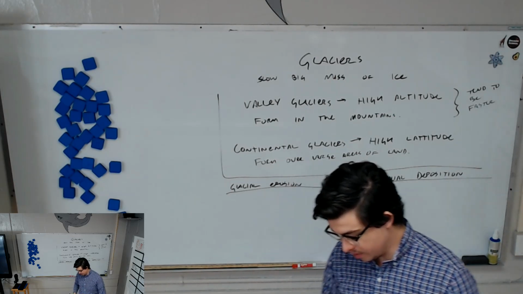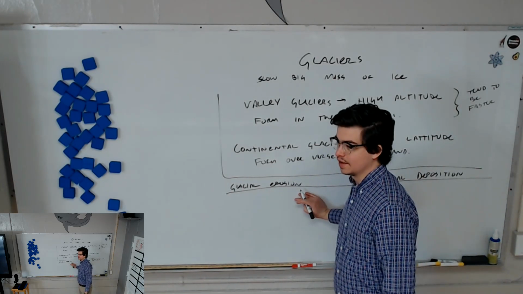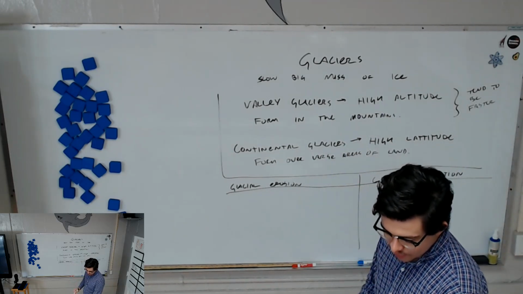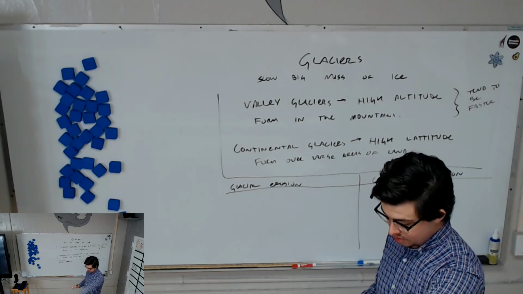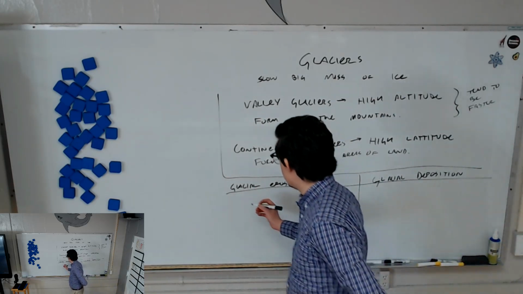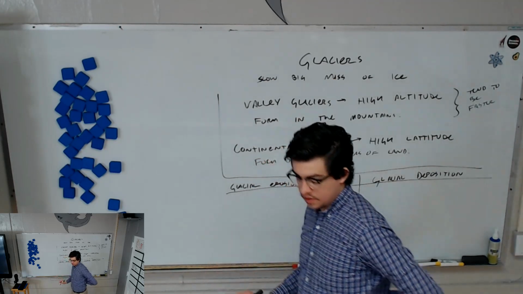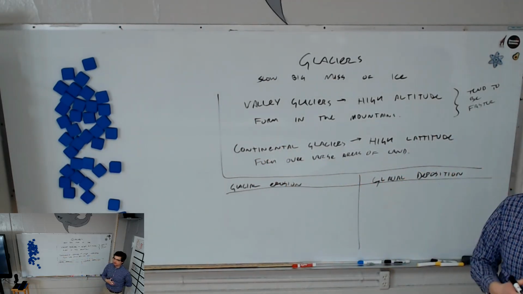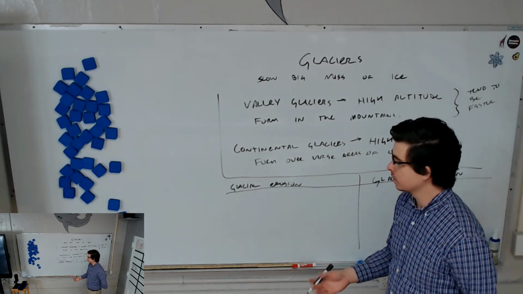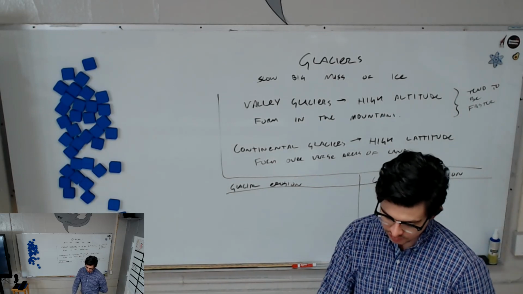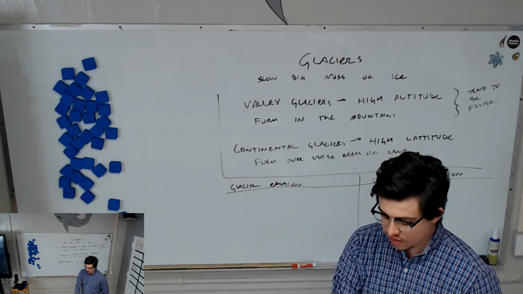But I want you to look at page 209. We're going to talk about cirques, horns, and hanging valleys. These are erosional features. In the same way that we had ventifacts as erosional features of Aeolian or wind erosion, we have these three as physical manifestations of glacial erosion.